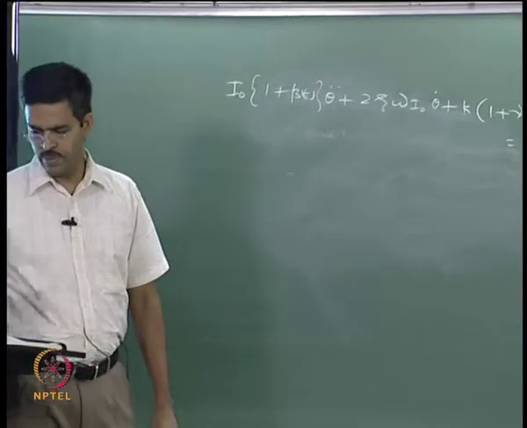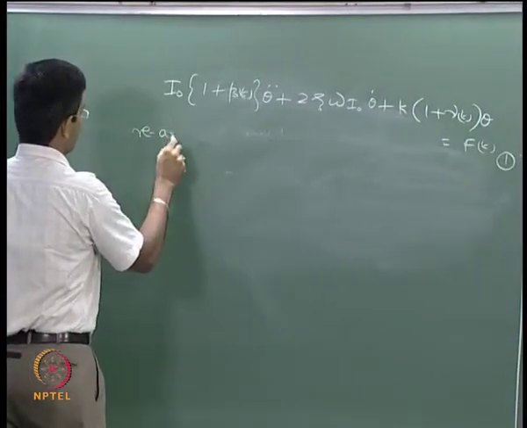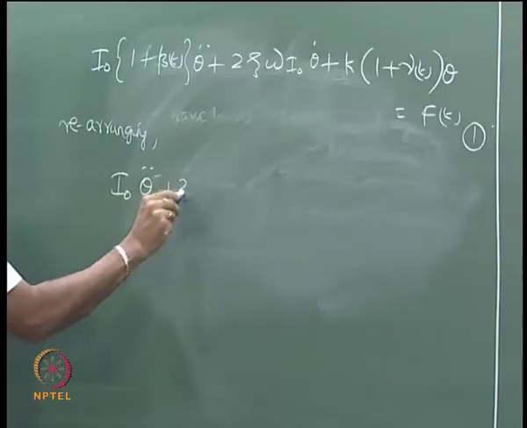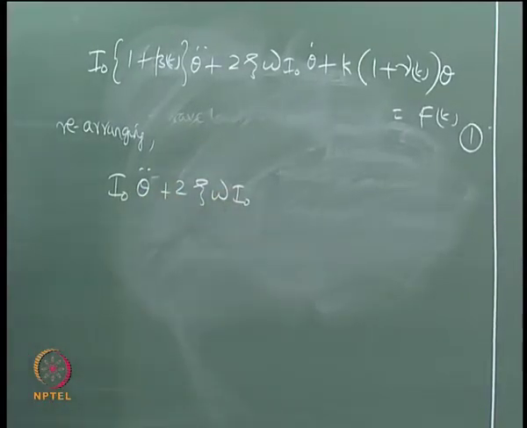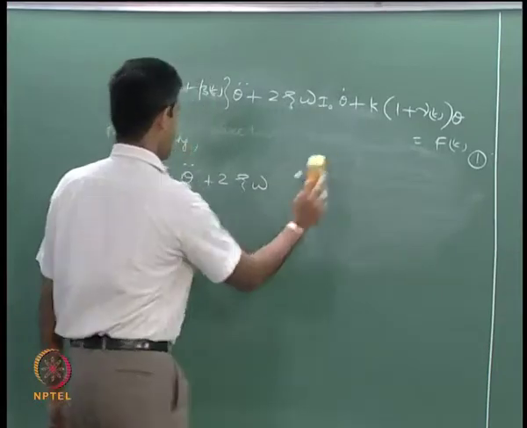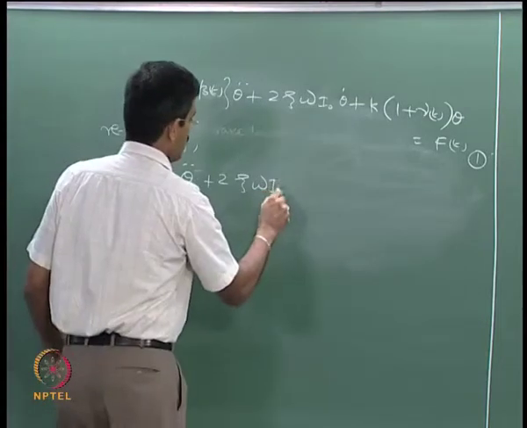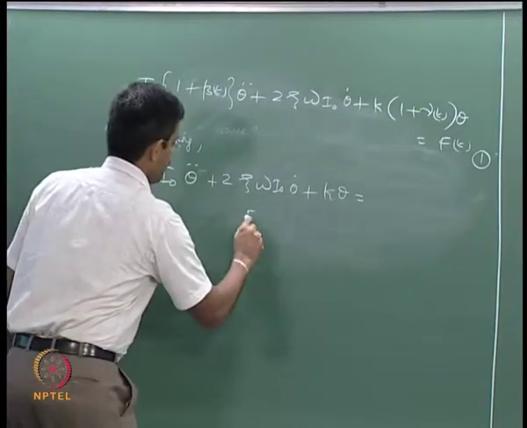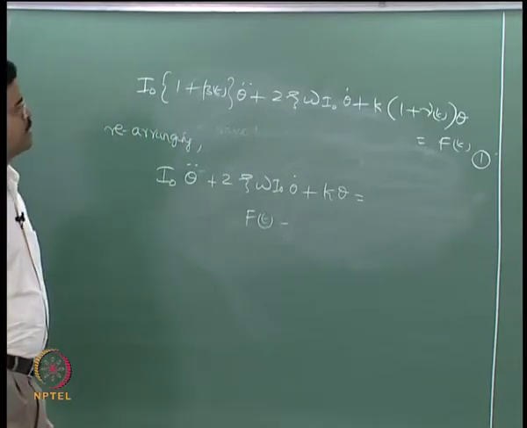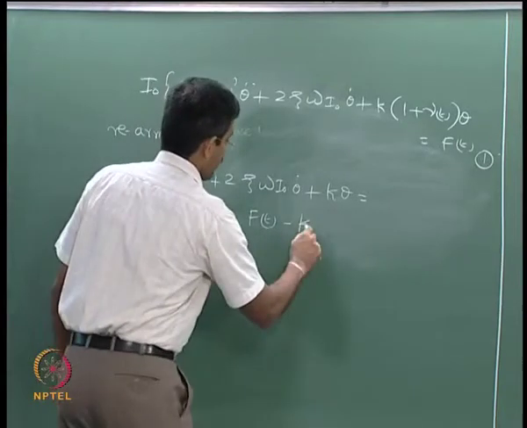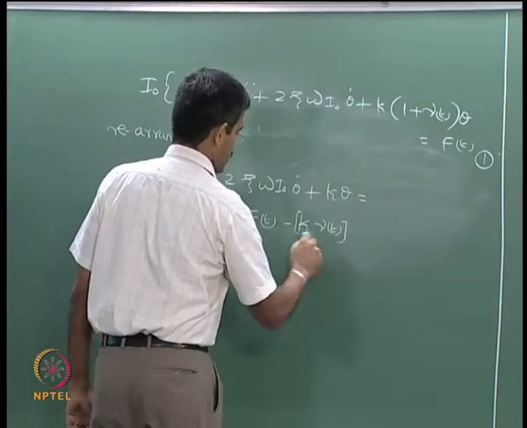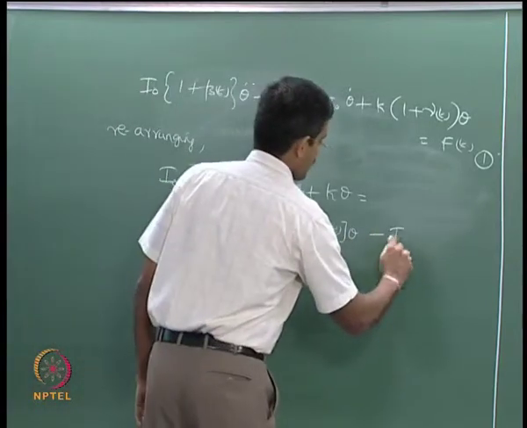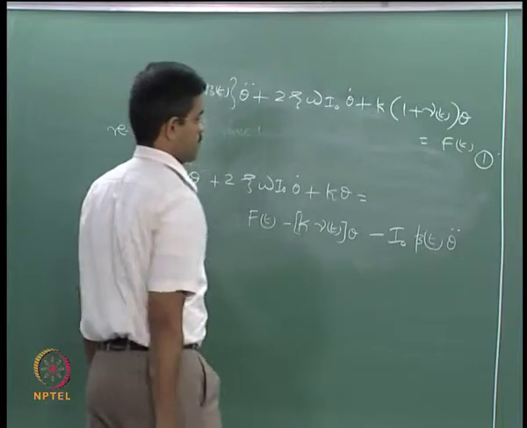I rearrange these terms, simply I say rearranging: I naught theta double dot plus 2 zeta omega I 0 theta dot plus k theta as f of t minus k nu of t theta minus I naught beta of t theta double dot. Call this equation number 2.